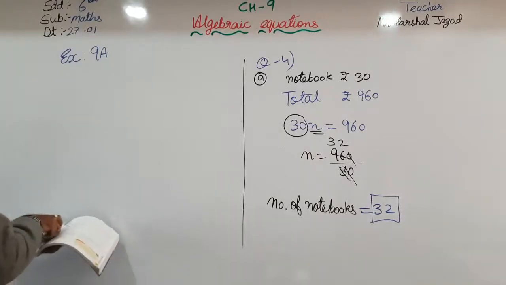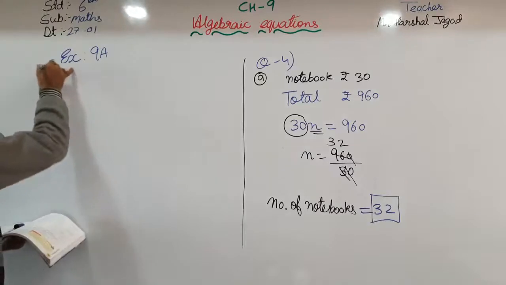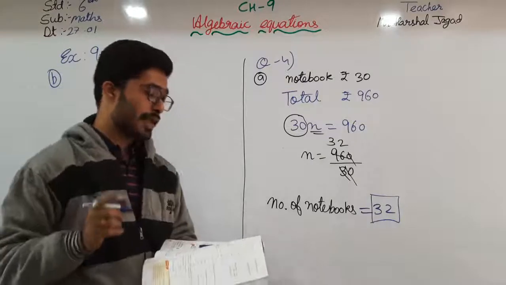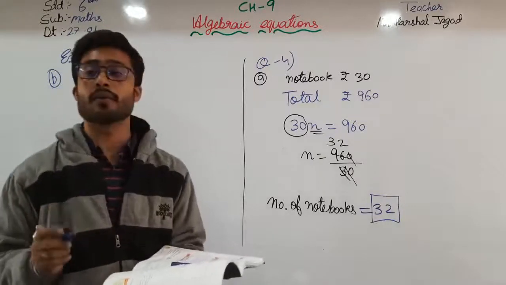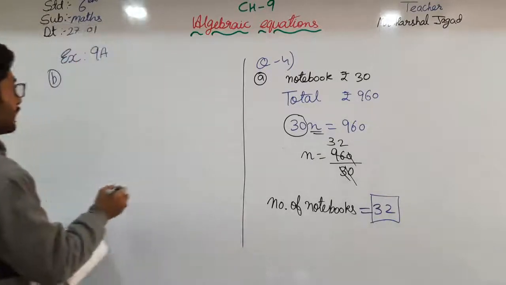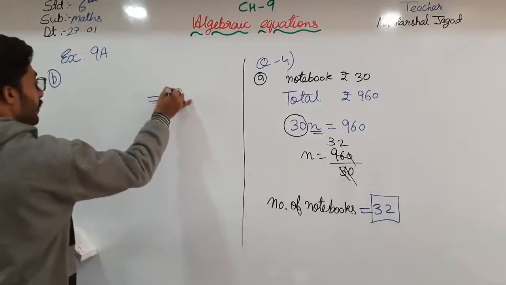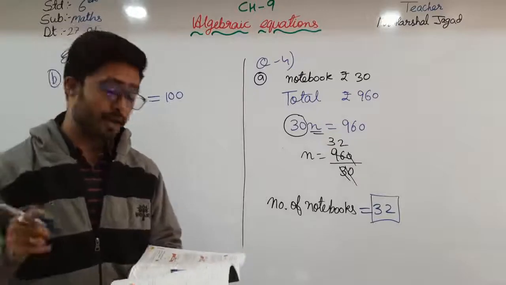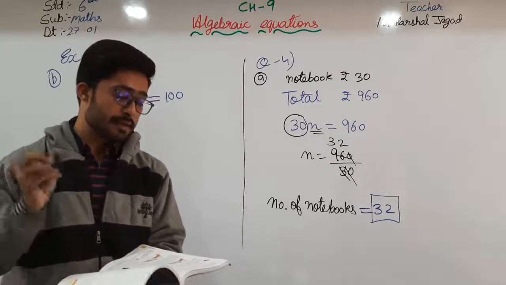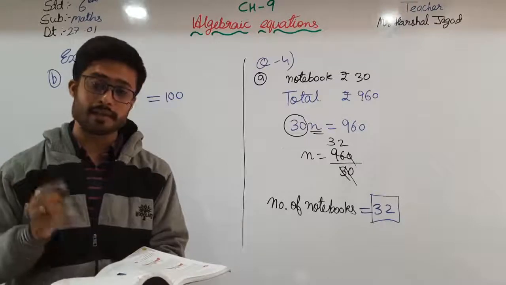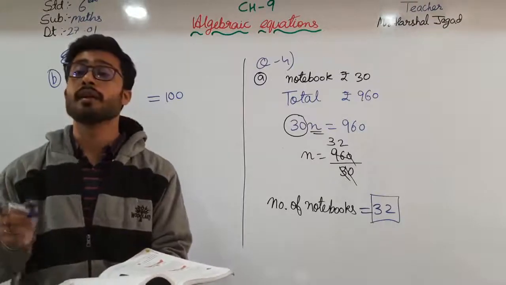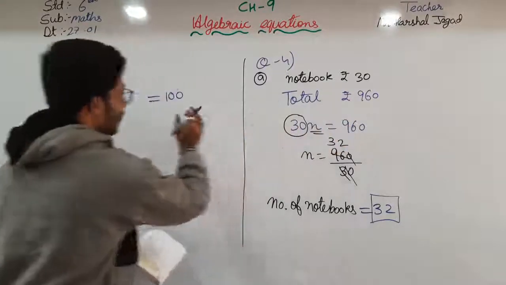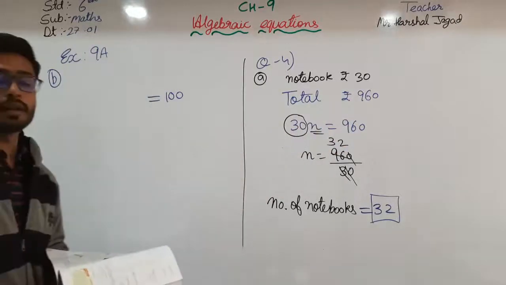B, that is, 17 mangoes are added to a basket of mangoes to make the total 100. Means if I say in simple words, then is equal to is 100, the total which is given. Just as the total was 960 written over here, 100 we have to write over this.